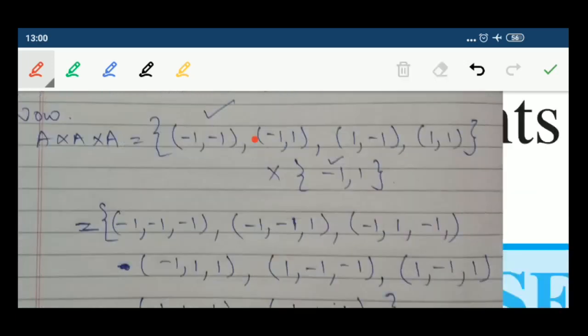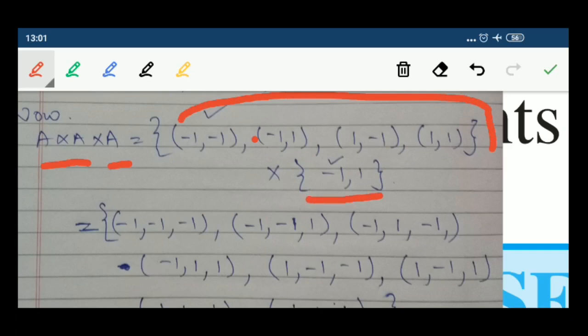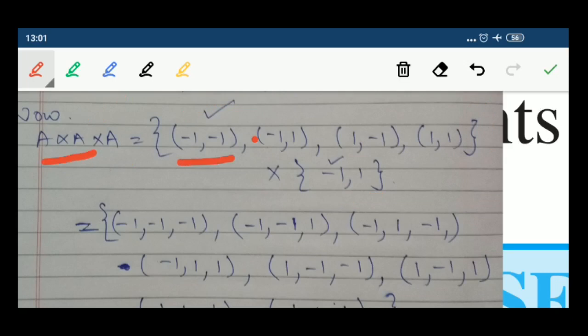Now, after getting the Cartesian product of A cross A, where A is -1 and 1, we will find the Cartesian product of A cross A cross A. What you will do is take the first pair of A cross A and place it with the -1.